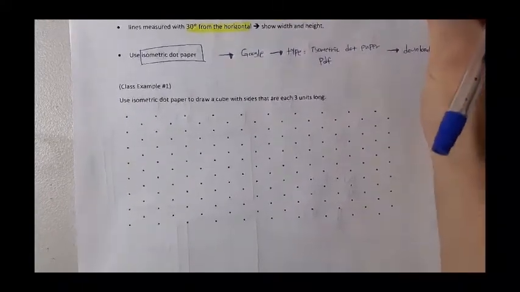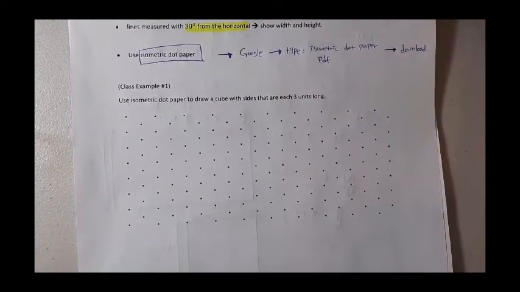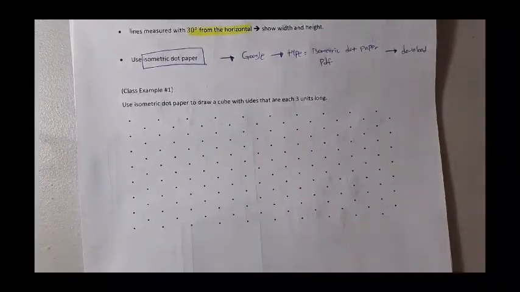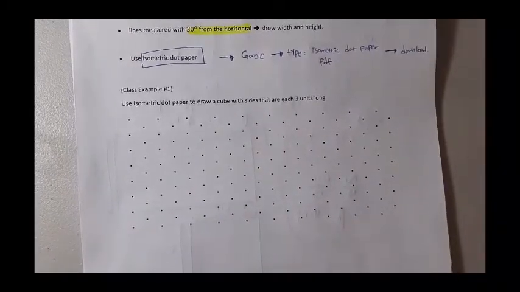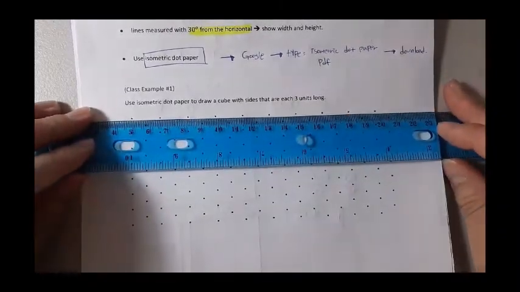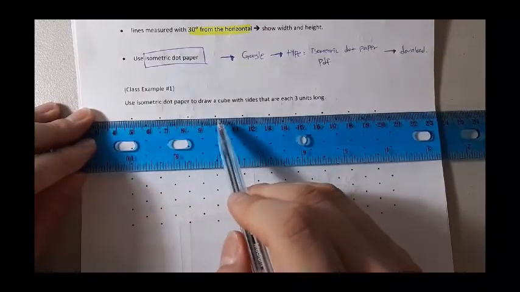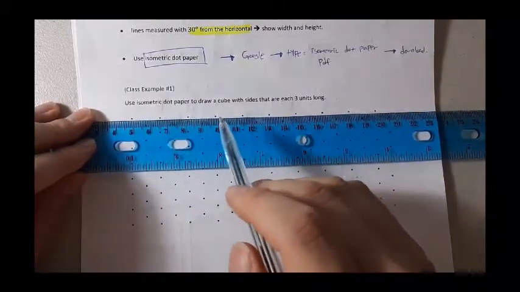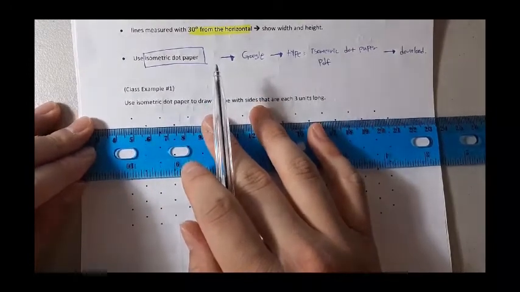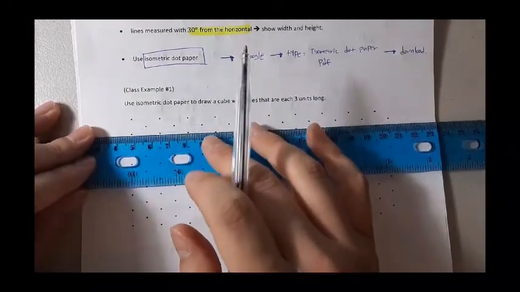Now let's go with that isometric dot paper. Isometric dot paper, ladies and gentlemen, as you may see, is basically what you see over here. The way it is designed is, instead of having dots line by line, every first, third, fifth, seventh column is along the same line. But the even-numbered columns, second and fourth, are about half a centimeter away from the first one, and vice versa.